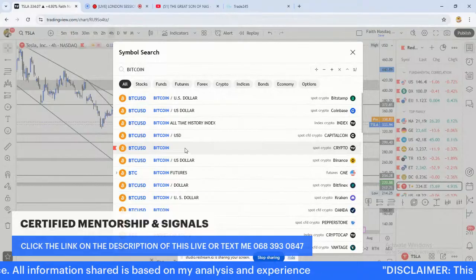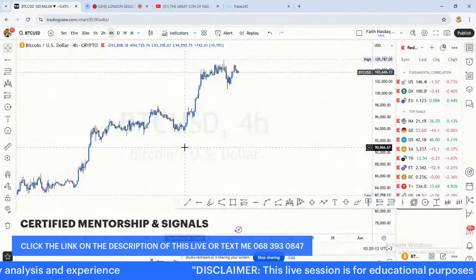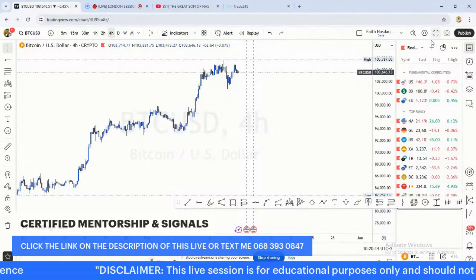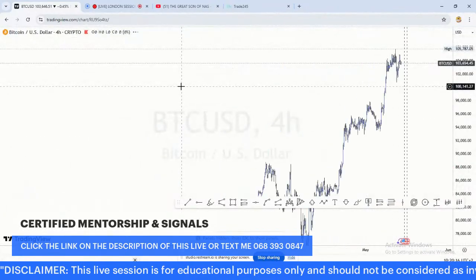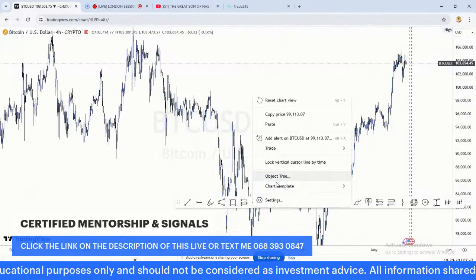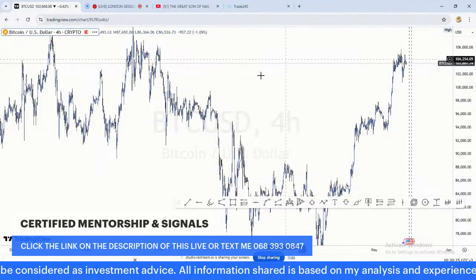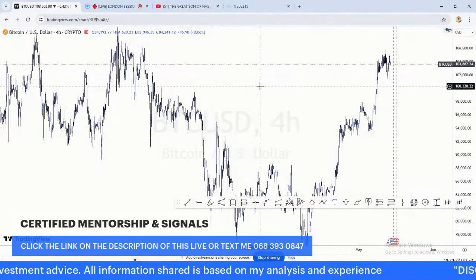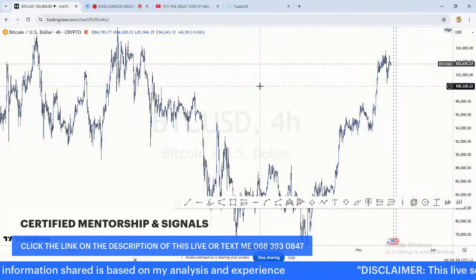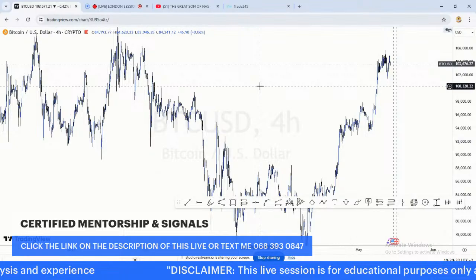Let's check this one for Binance. BTCUSD. See, this crypto falls under crypto. The ones that fall under cryptos are Bitcoin.